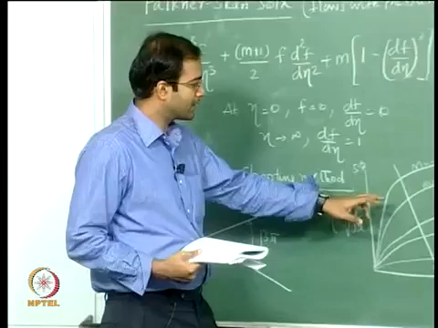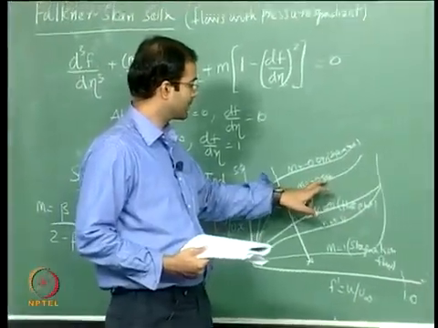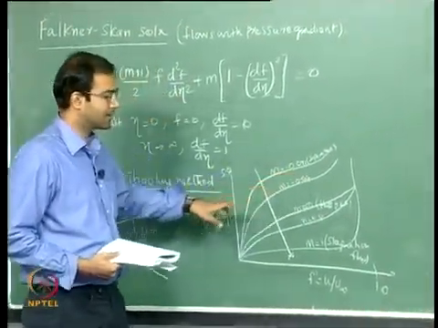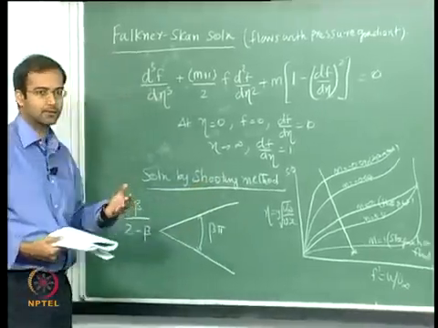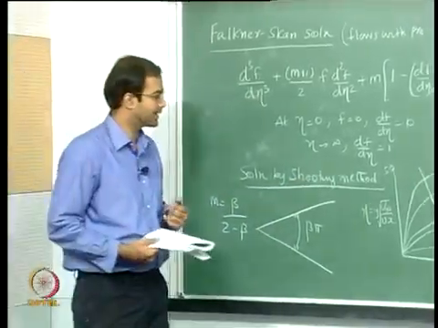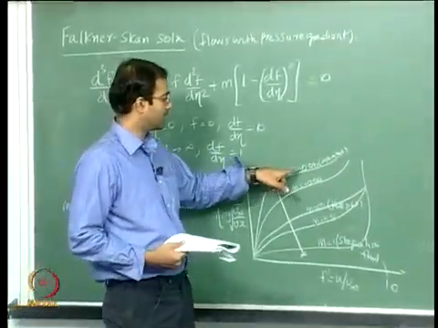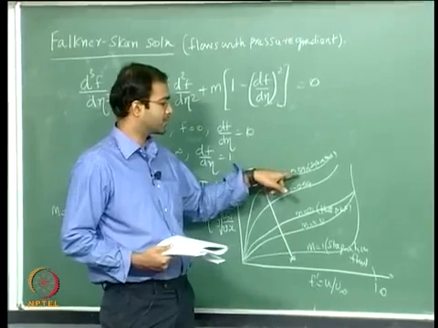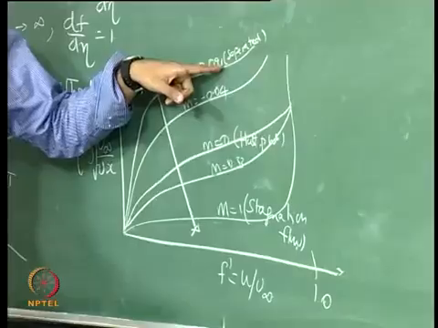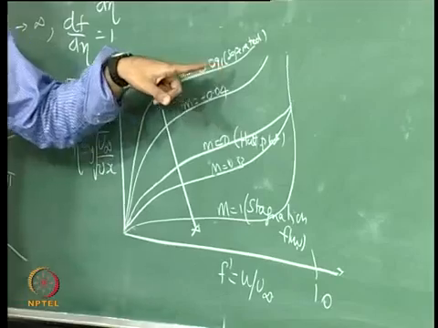Okay, for the negative values, typically if you make it more and more negative, you will get adverse pressure gradient flows, right, the example that we have seen yesterday, and for a particular value of m, which is exactly minus 0.091, you will see the flow is separating.